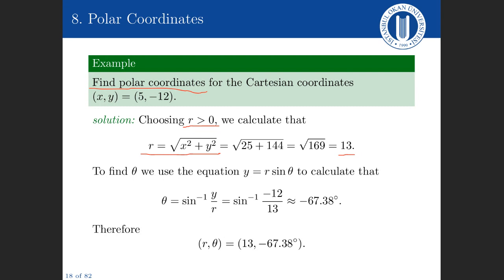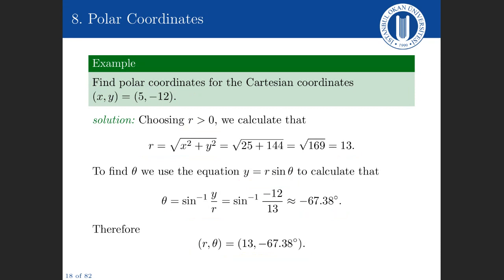We also need to calculate the angle theta, and I'm going to use the equation y is equal to r sine theta. We arrange this to the form theta is inverse sine of y over r. Put the numbers into our calculator, and we find the angle is approximately -67.38 degrees. So we could write down the polar coordinates as 13, -67.38.